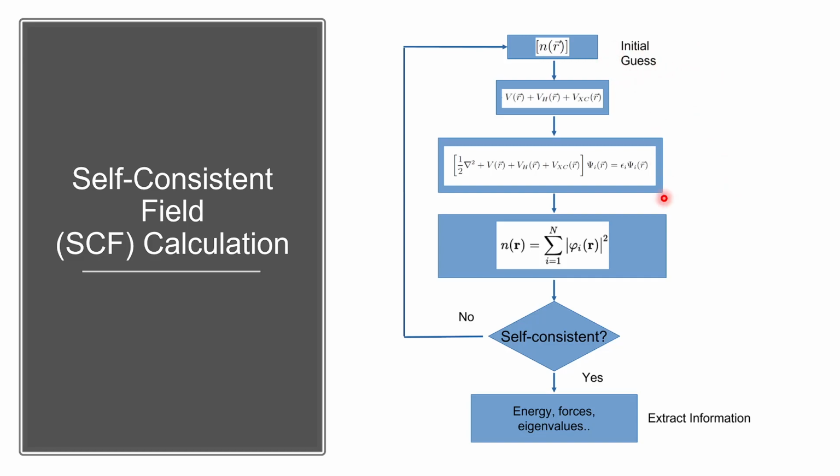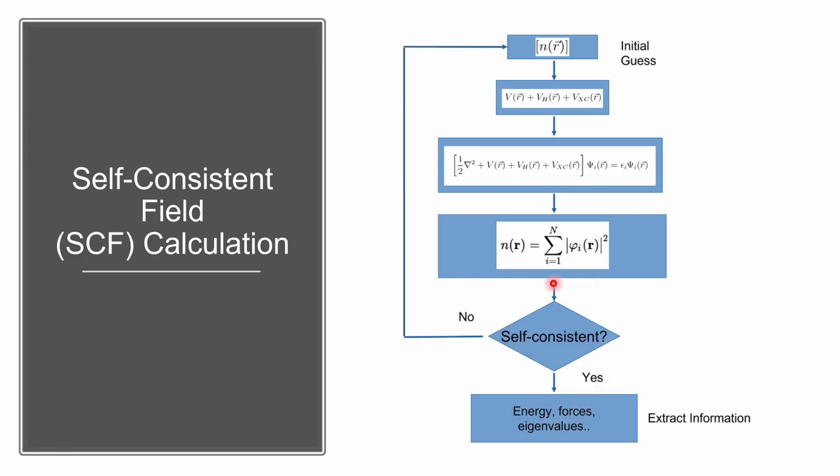Then if it is consistent, usually the difference is on the order of 1 times 10 to the minus 6, or 10 to the minus 8. Then it is said to be self-consistent enough, and could be a good approximation of the system.